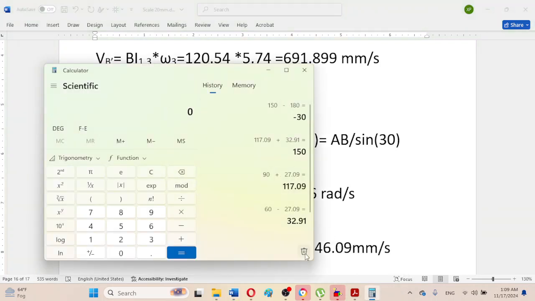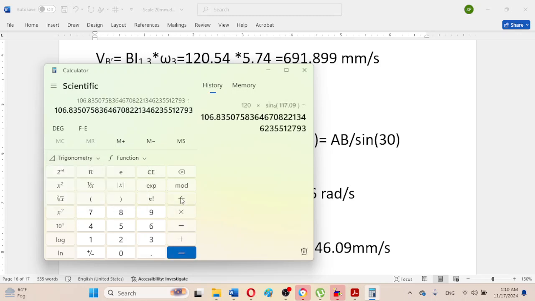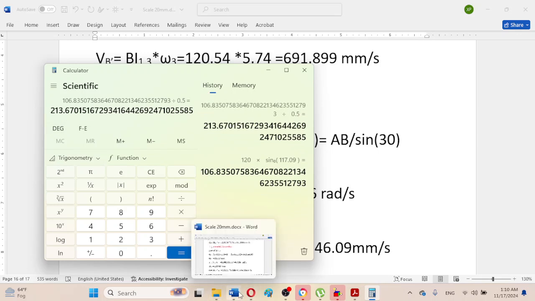Just type here 120 multiplied by the sine of 117.09, and divide it by sine 30, which is equal to 0.5. As we can observe here, this is 213.67.